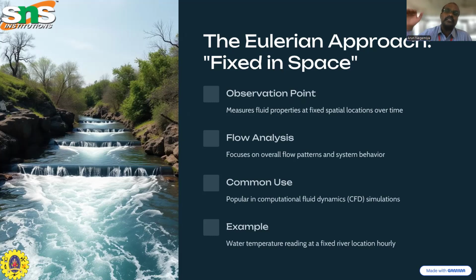First, it is fixed at some particular distance. Second one is fixed at some particular distance. Another one is fixed at some particular distance. For example, the water temperature is measured at fixed points in a river. The Eulerian approach is generally used for CFD, computational fluid dynamics.